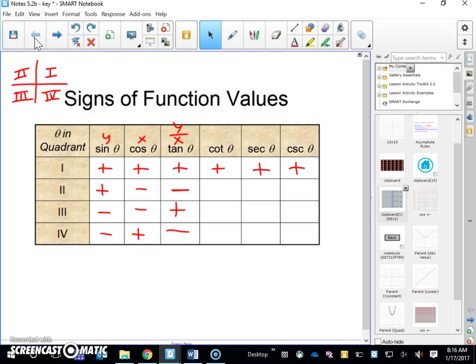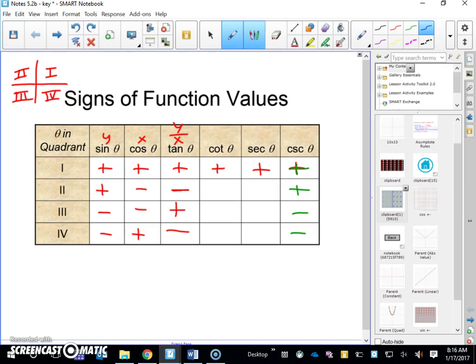So everything plays off of sine and cosine. We know that sine and cosecant are reciprocals, so sine and cosecant would have identical positive and negative values.